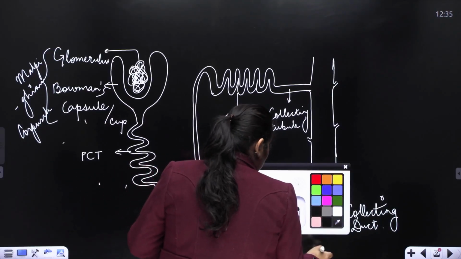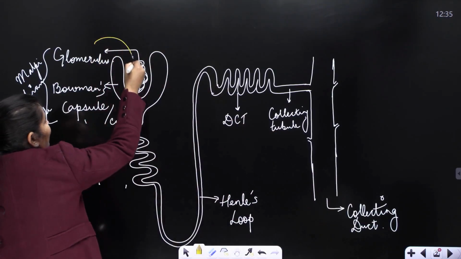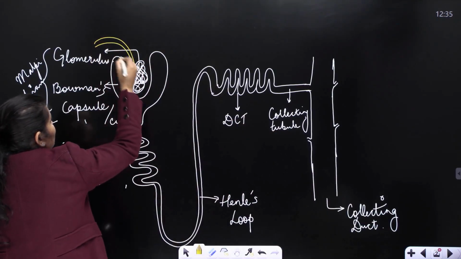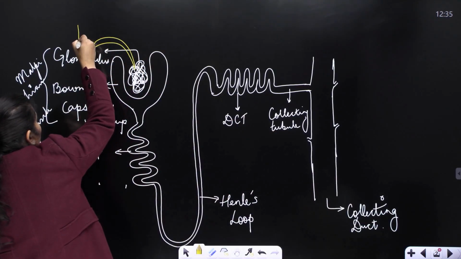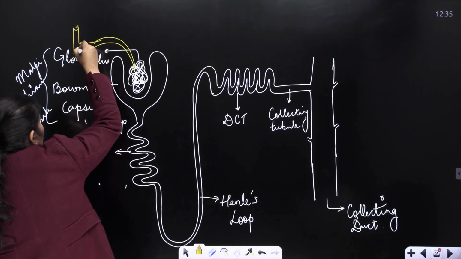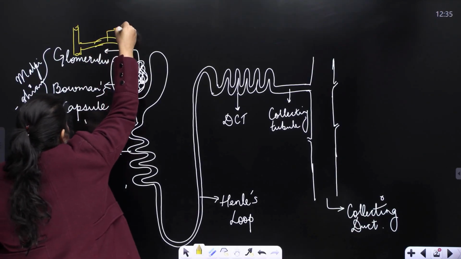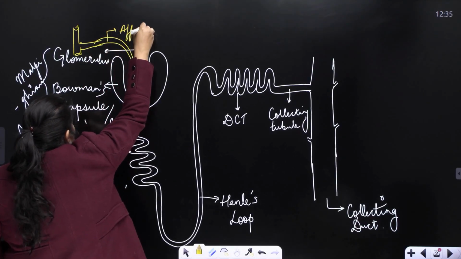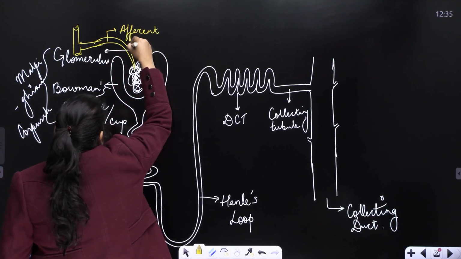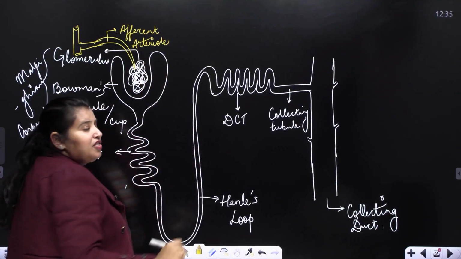And here we will also draw the blood capillaries that are entering. So this one comes from the branch of renal artery, and this is the afferent arteriole. Why afferent arteriole?